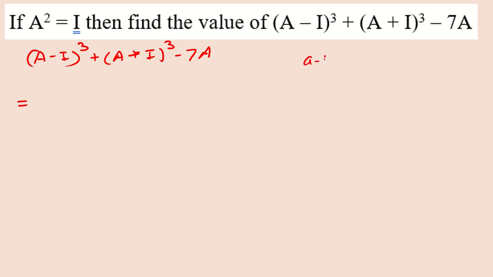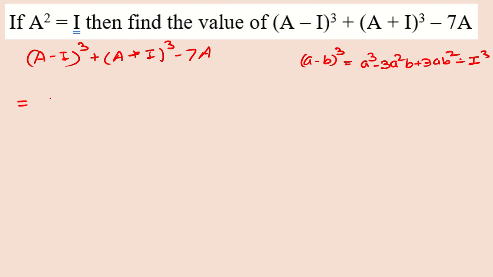(A minus B) whole cube. I am sure you know the identity. Just pause the video and revise it yourself and think, do you know this identity or not? So it is A cube minus 3A square B plus 3AB square minus B cube. Like this you can write the identity here so that you can revise it properly.